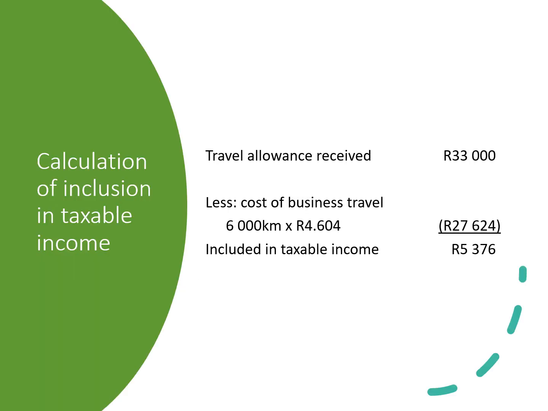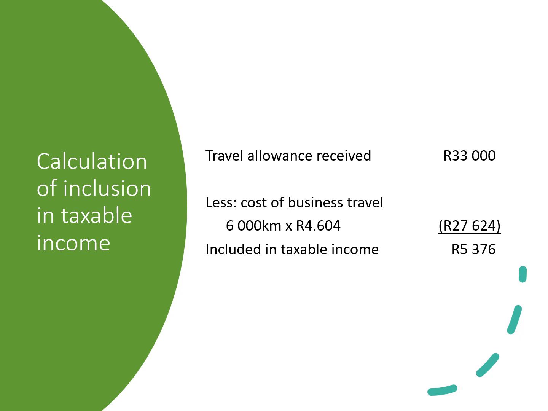Now we look at the calculation of the inclusion in taxable income. So the travel allowance that was received was 33,000 Rand for that period. Then we calculate the business travel cost. So the business travel was 6,000 kilometers, and that is multiplied with the deemed cost per kilometer, and that was 4.604 Rand per kilometer.